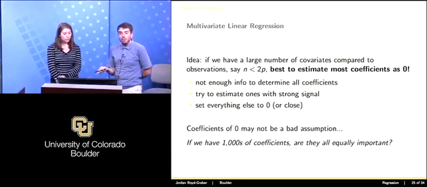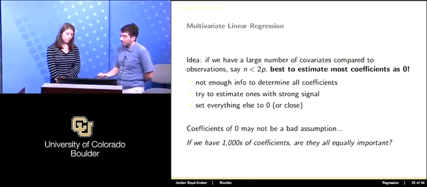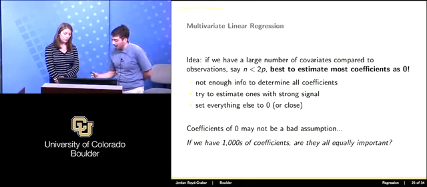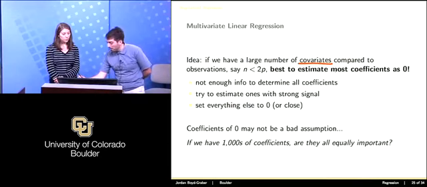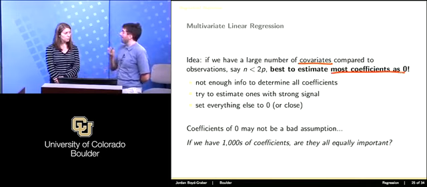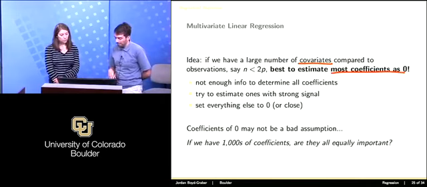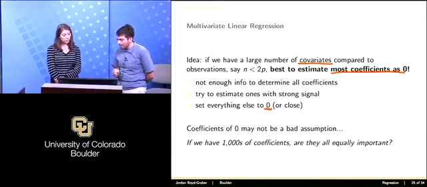What we can do to counter this is to introduce some bias. We want to say that if we have a large number of dimensions or covariates compared to our observations, then most coefficients should probably be 0. We don't have enough information to say anything about it. And so we should set most of them to be near 0.